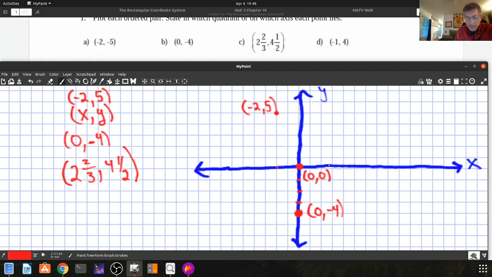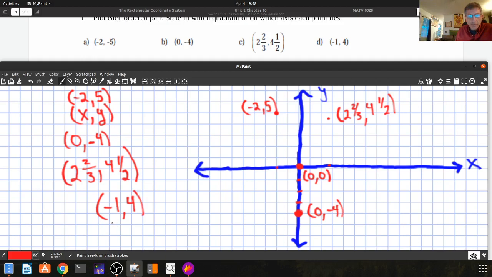Now I'm going to say about right here is going to be 2 and 2/3. And then I'm going to go up 4 1/2. So there's 1, 2, 3, 4 1/2 right there. So this point is 2 and 2/3, 4 and 1/2.